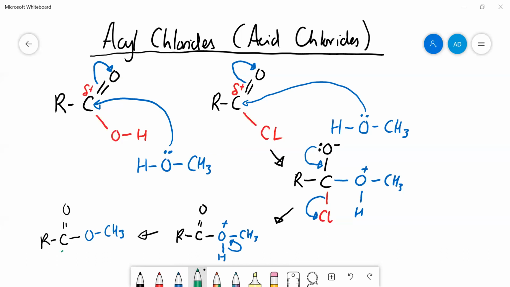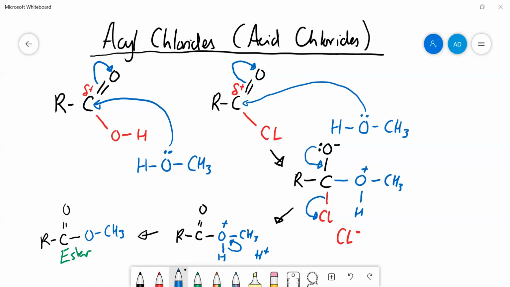So we've formed an ester there. Just to talk again, what happens to this chlorine? Well, that chlorine is going to come off as Cl minus here, and this hydrogen is going to come off here as H plus. So effectively, we've eliminated a molecule of HCl.